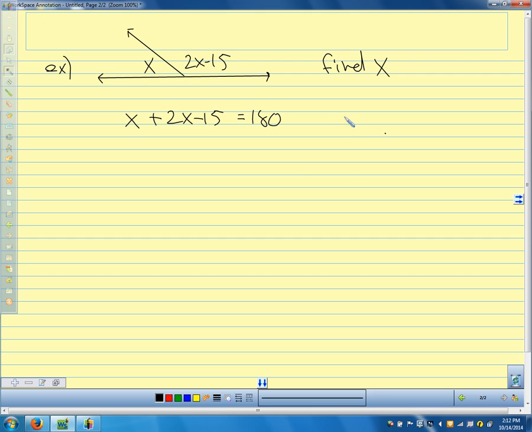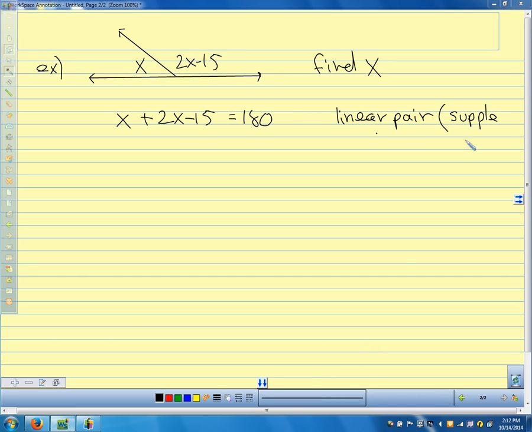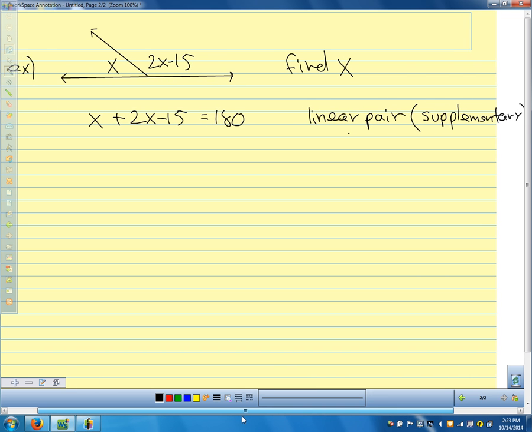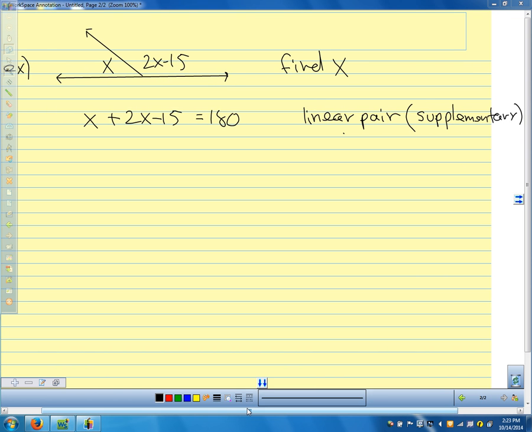So I'm going to say the reason we know that's true is linear pair, and we know that linear pairs are supplementary. And that's just a fancy way of saying what Fabian said, they add up to 180 degrees.